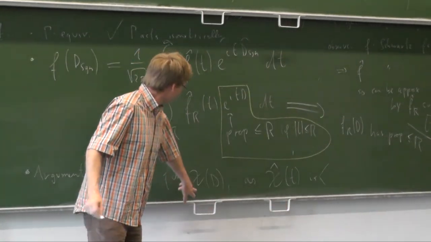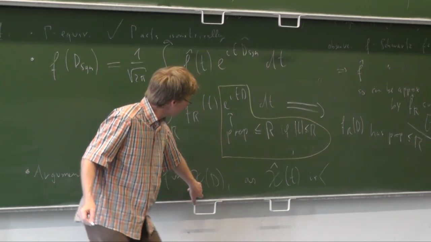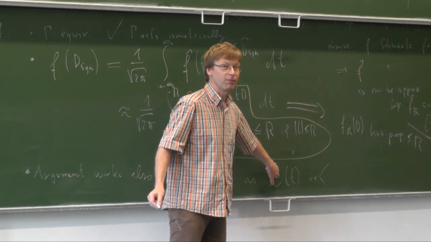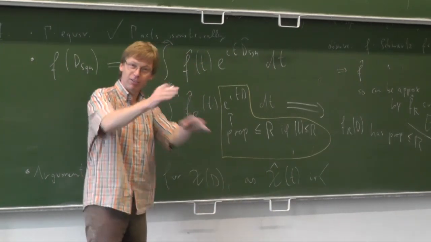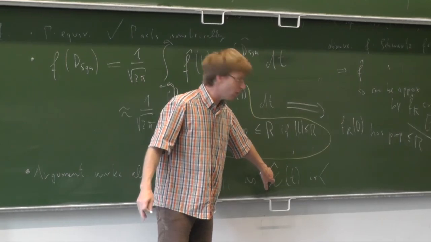I said the faster this function decays, the smoother the Fourier transform is going to be. So this doesn't decay at all as you go to infinity. It has these two limits, which means that this is not smooth at all.